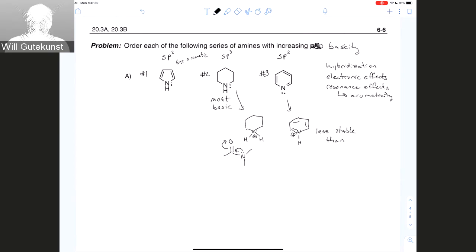And so let's say number 3 protonated is less stable than number 2 protonated. And that's because this has a more electronegative nitrogen, and electronegative atoms want to hold on to their charge, their lone pair, so they don't want to become positively charged.